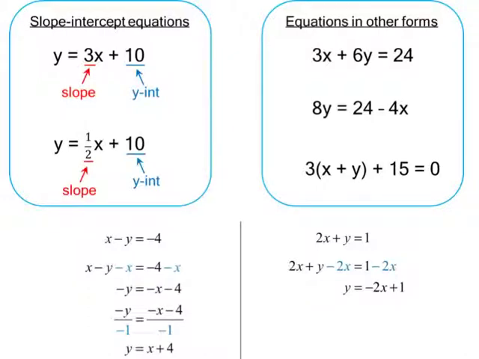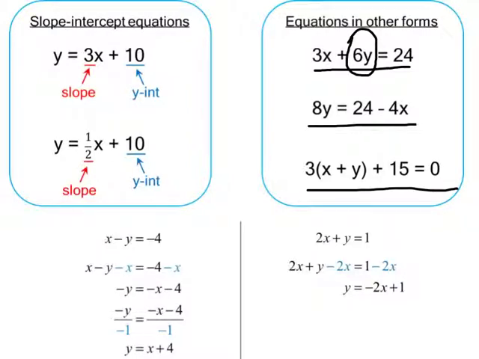So if we have an equation that is like this, or this, or this, what we always want to do is make sure that we get the y term first if it is not. Alright, now here in this one, the y term is already first.